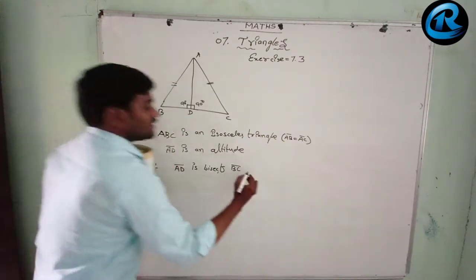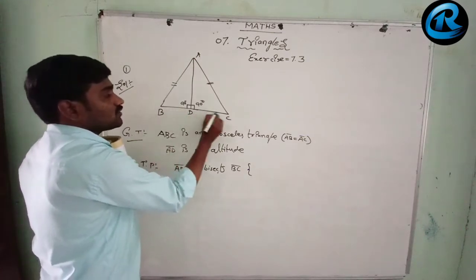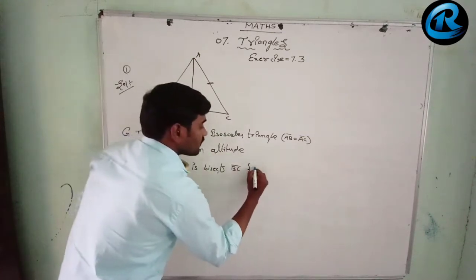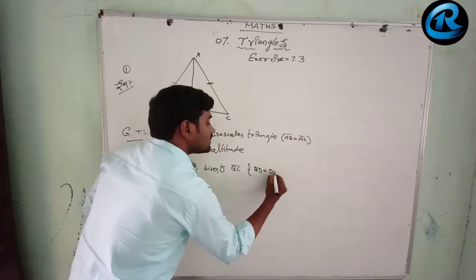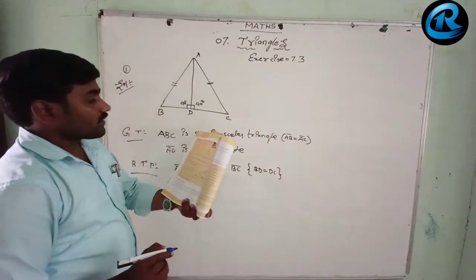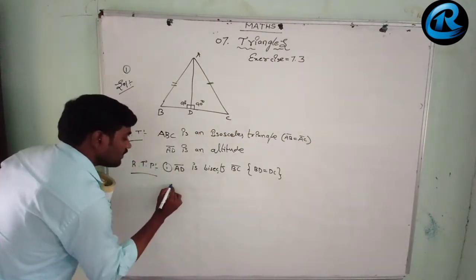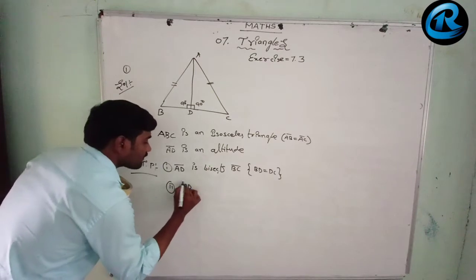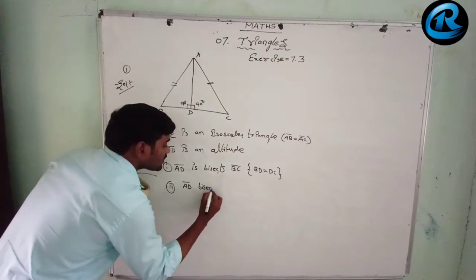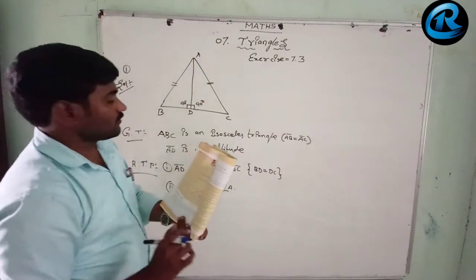We have to show that AD bisects BC, that is BD equals DC. Bisect means it divides into two equal parts, and we have to show that. Then AD bisects angle A. These we have to prove.